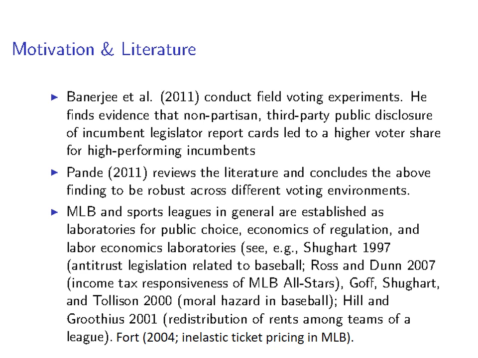Goff, Shugart, and Tollison study the MLB with respect to issues of moral hazard. Hill and Groothuis use the MLB in their study of the redistribution of rents among teams of a league. Namely, they study revenue sharing. And then Fort helped to start a literature on the inelastic ticket pricing puzzle in Major League Baseball and other sports.